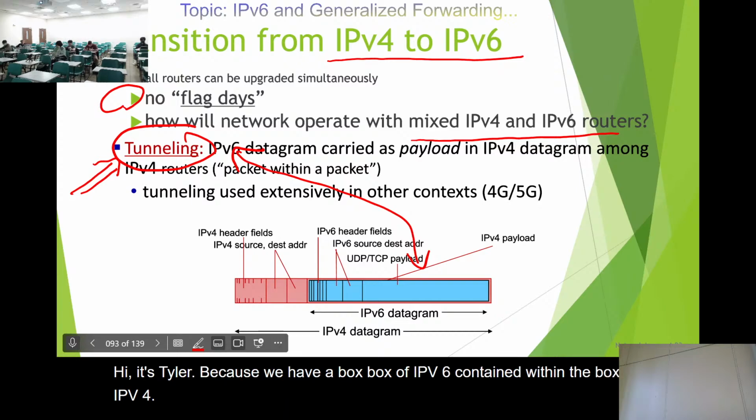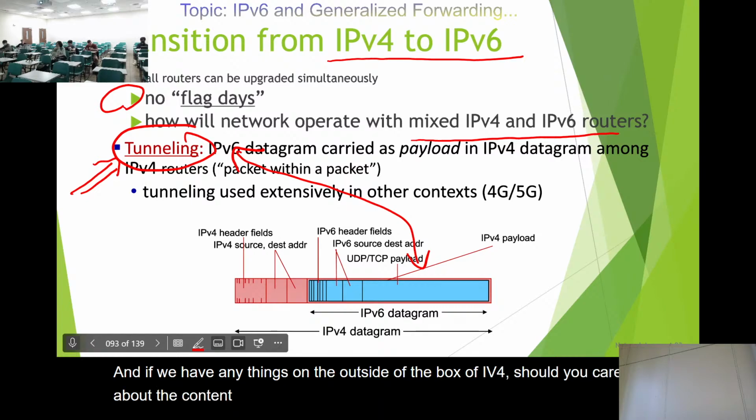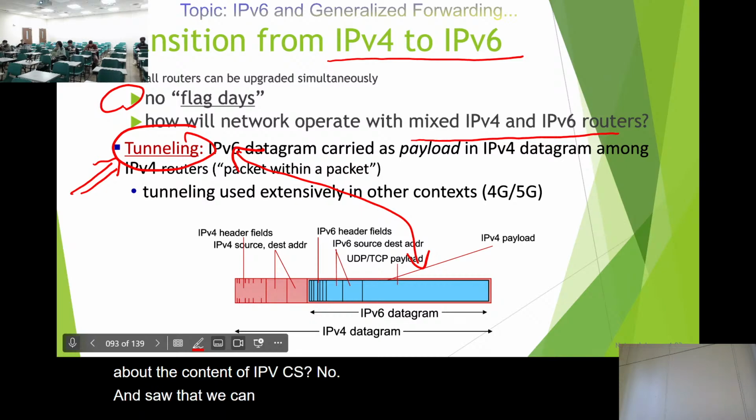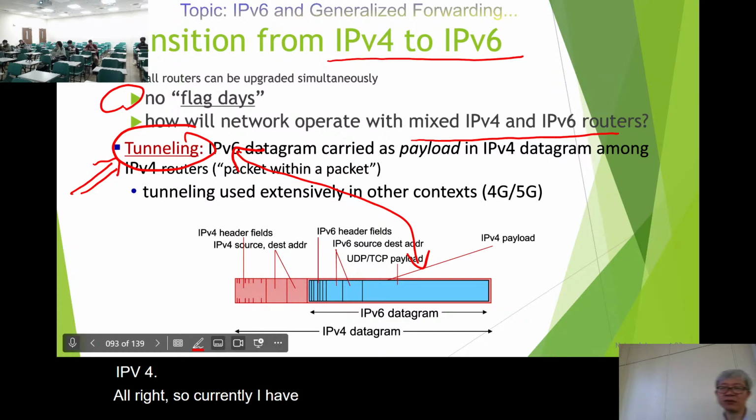And if we have any stamps on the outside of the box of IPv4, should you care about the content of IPv6? No. And so we can avoid IPv6 details and carry it within the network of IPv4. All right, so currently I have the concept that I know is tunneling.